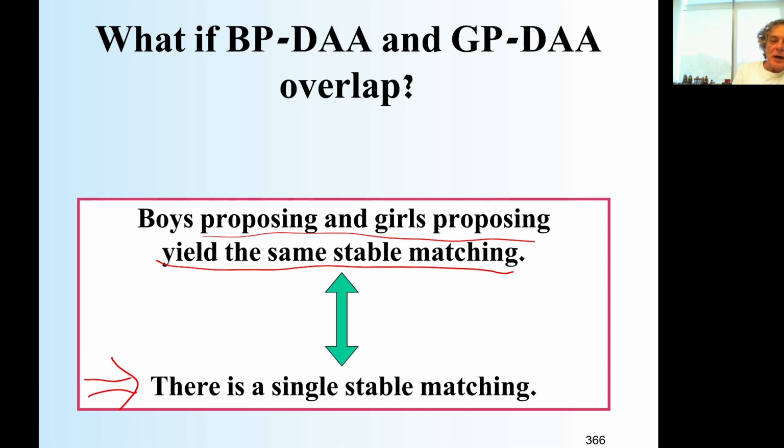If you find the boy proposing DAA and then the girl proposing DAA, and you find that they are the same, that implies by the theorem before that there is only one stable matching for this example.